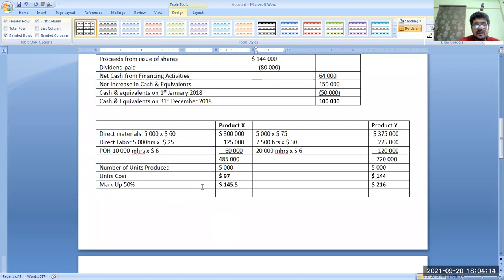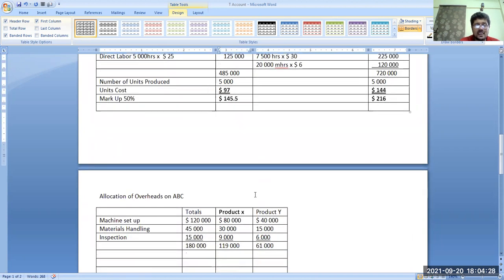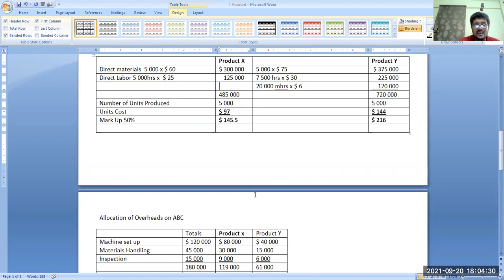Now again we'll do this. And what is the amount we have to write over here? It's 119,000. Done. So total price would be 300,000 plus 125,000 plus 119,000. 544,000 would be the total cost.